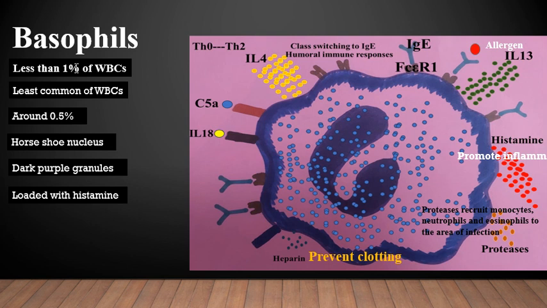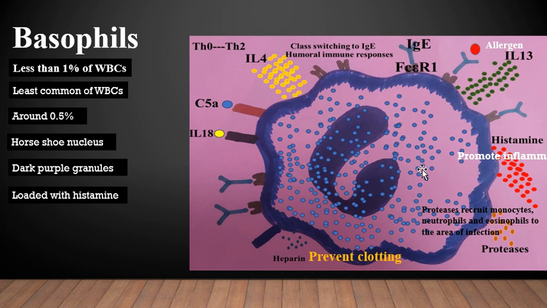Basophils are granulocytes. They are less than 1% of total white blood cells, around 0.5%, so they are the least common of the white blood cells. As can be seen here, this is a nucleus. It is a horseshoe nucleus with dark purple granules, and basophils are loaded with histamine.